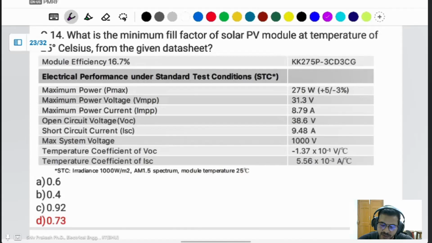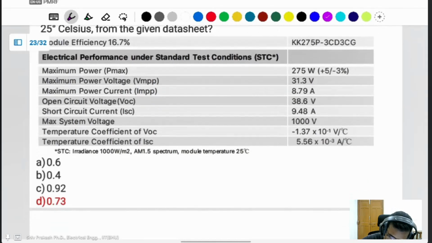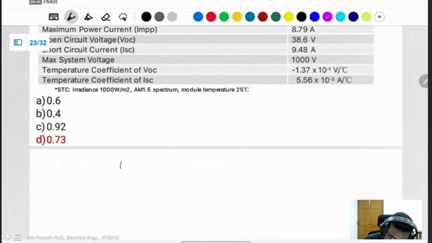Minimum fill factor. Fill factor is the output power VMP into IMP divided by VOC into ISC.